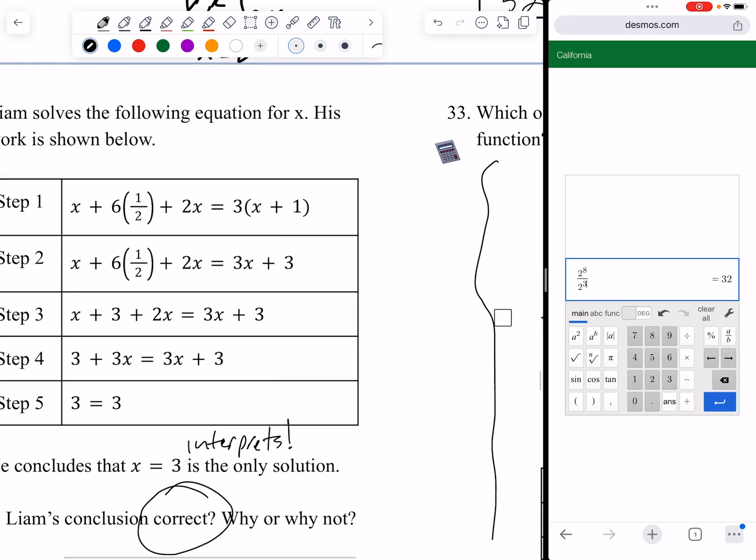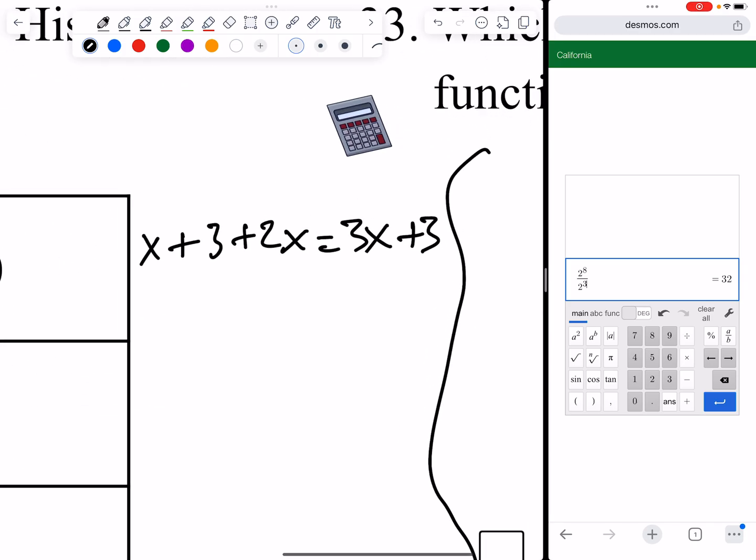Okay. So I got x. And then I got 6 times a half. That's half of 6, which is 3. Plus 2x equals, and then distribute. And I get 3x plus 3. Okay, that's not horrible. So there's my little wall right there. Okay, I got x's with x's, units and units.